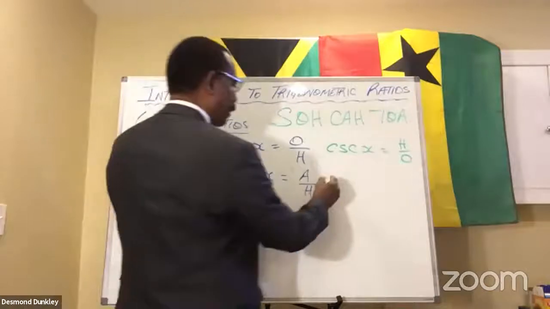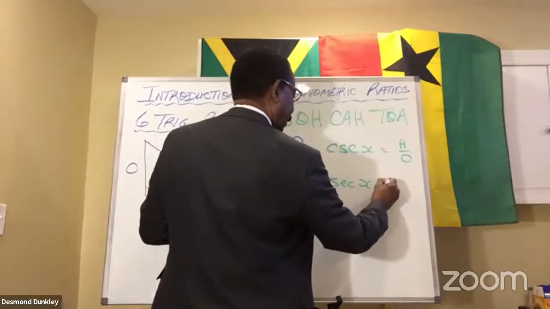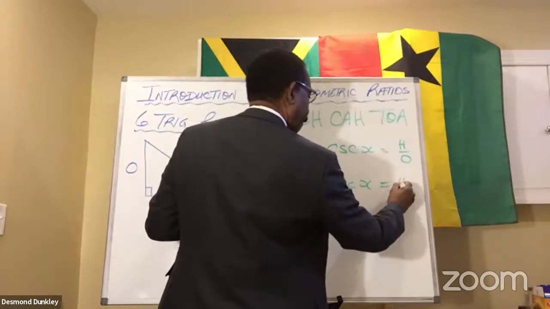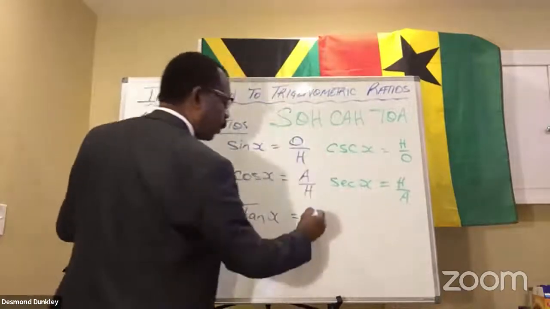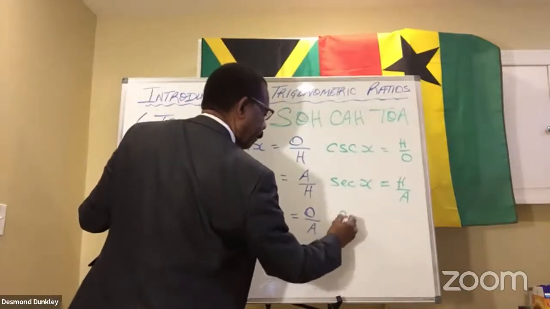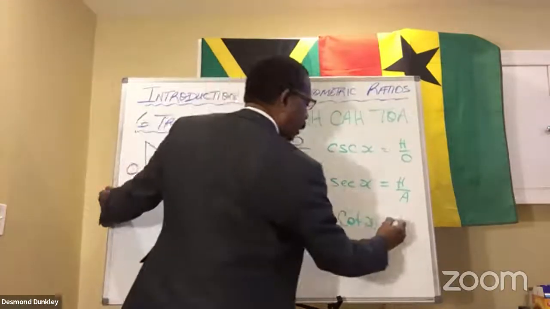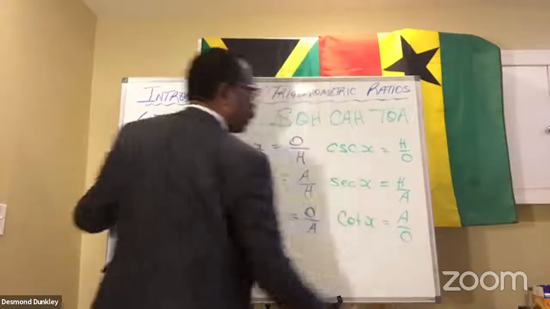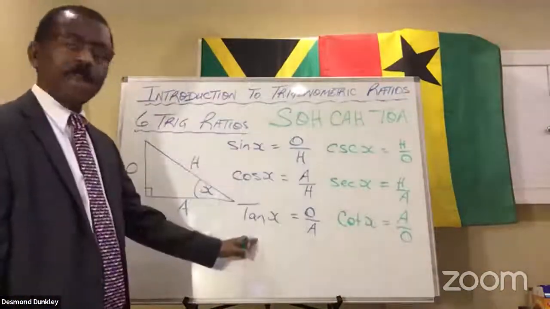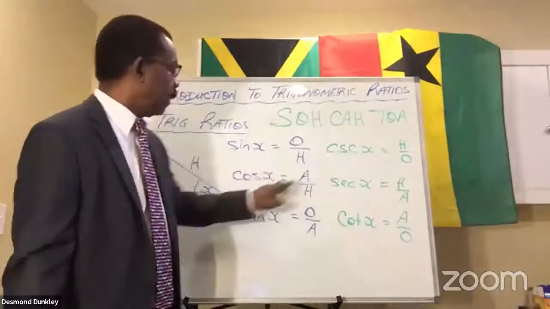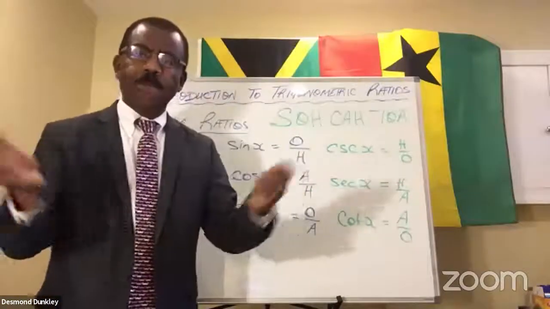Once you know cosine, you flip it, and of course, once you know tangent, then we have cotangent of x is going to be equal to A over O. So you really don't need to memorize these. All you need to do is to know this, because from this you can find that. Just flip and it's over.